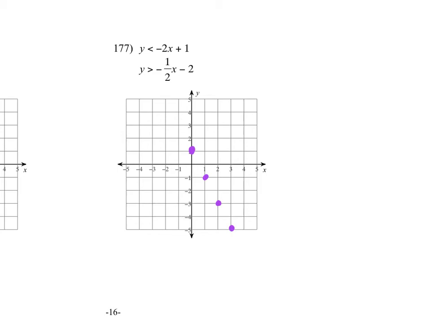And it's a dotted line. So I'm going to dot my lines and go up. Okay, and I know that y is less, so I'm going to highlight, and my y's are less here, so therefore this side is what is going to be highlighted.